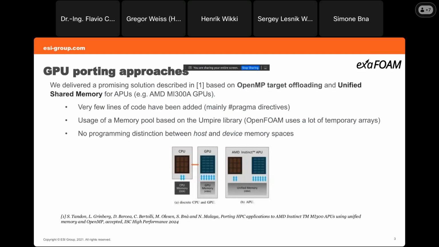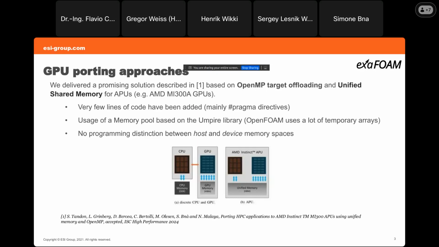Together with AMD, we delivered a solution which is still not in the official OpenFOAM repository. We try to push the entire workflow of OpenFOAM, so assembly and solution, using two main aspects: OpenMP for target offloading and unified memory.